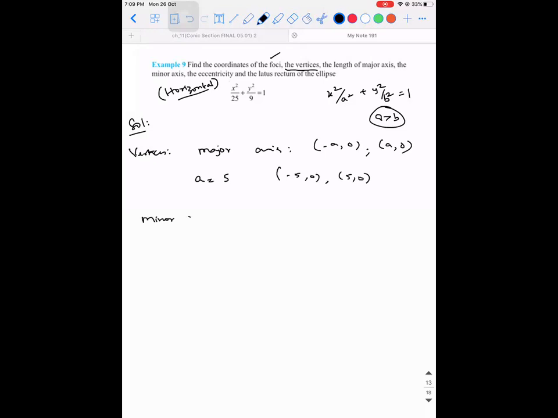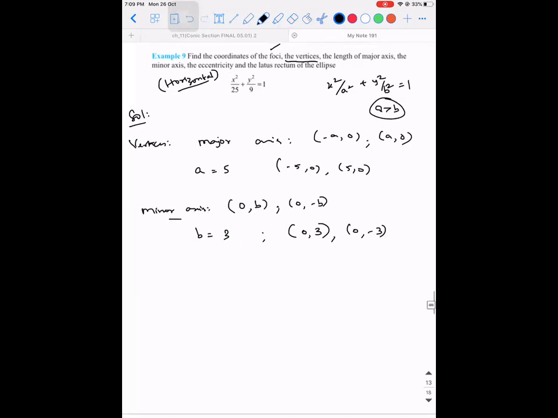For minor axis, 0 comma b and 0 comma minus b. So what is the value of b, guys? b is equal to 3, hence 0 comma 3 and 0 comma minus 3.